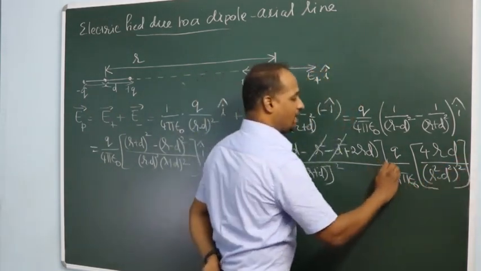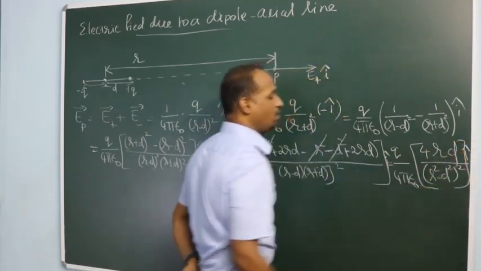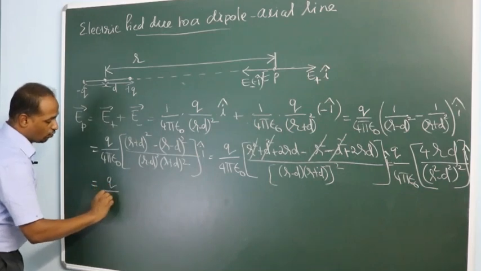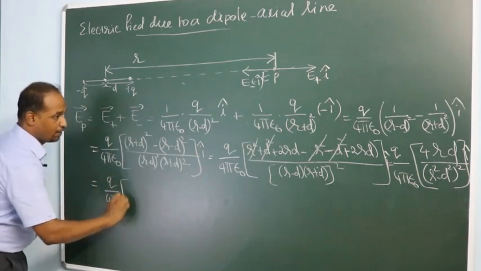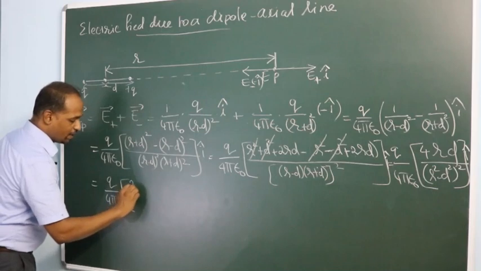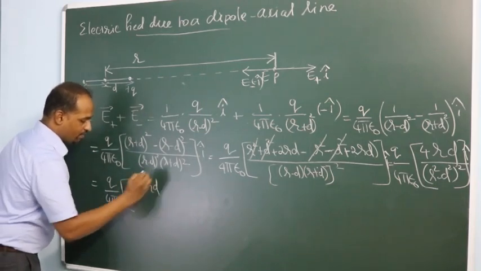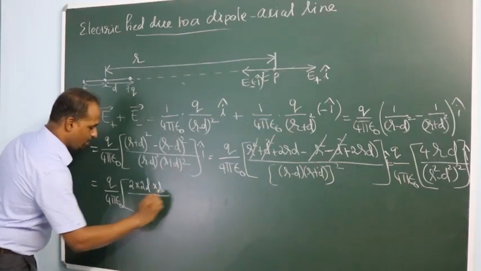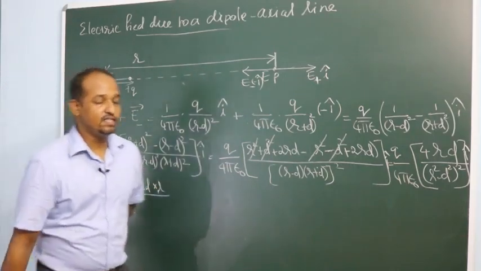I've done that, and the i cap is still outside. So this thing, q by 4 pi epsilon naught into 4rd, can be written as 2 times 2rd, or 2 times 2d into r, by r square minus d square whole square.